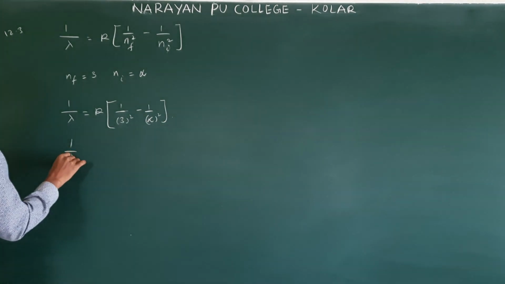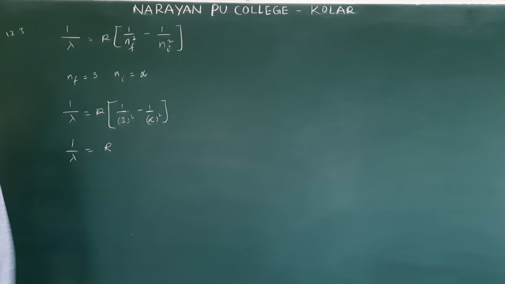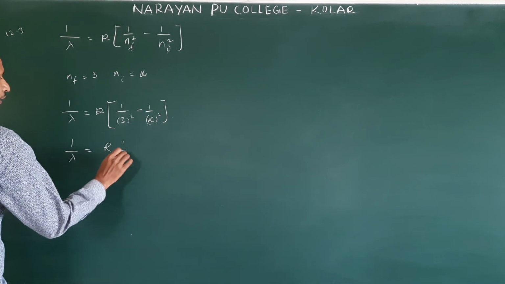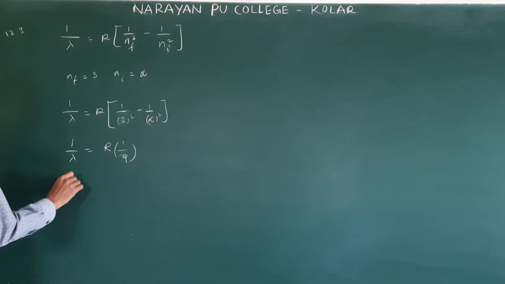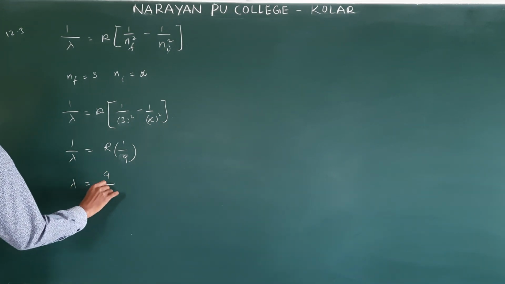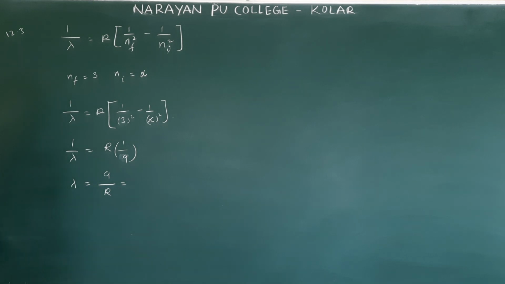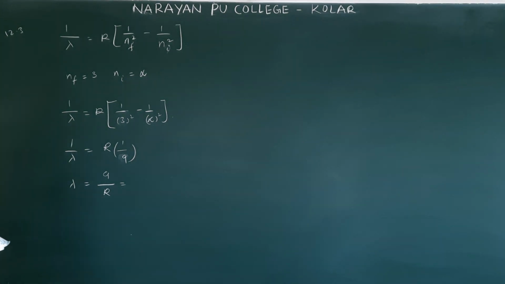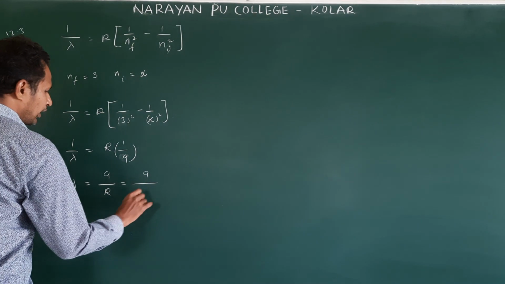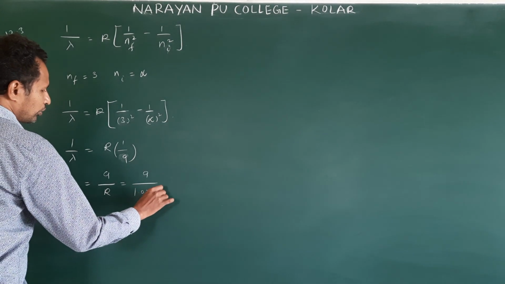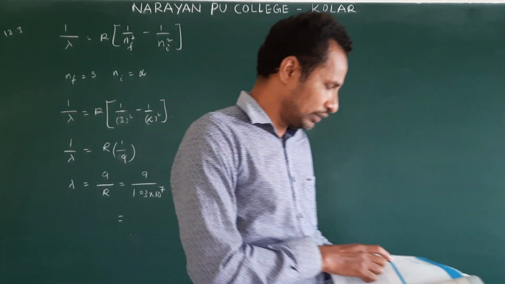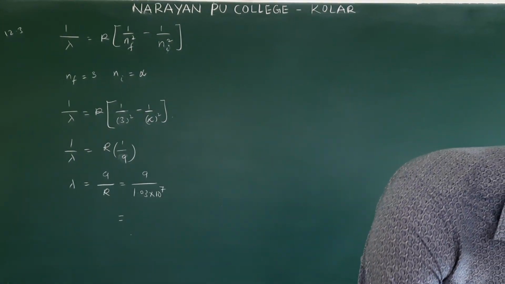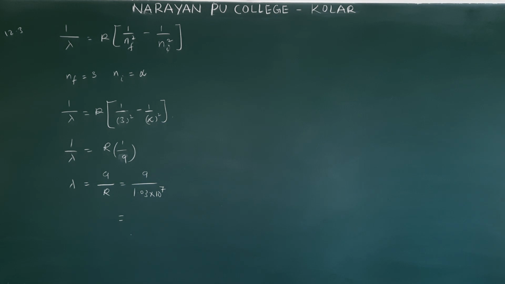So 1 by lambda is R into 1 by 9. So lambda is equal to 9 by R. Clear? So this is 9 by R, what is the R value? 1.03 into 10 power 7. Already 1 by R value is there from the previous class, you can substitute directly.